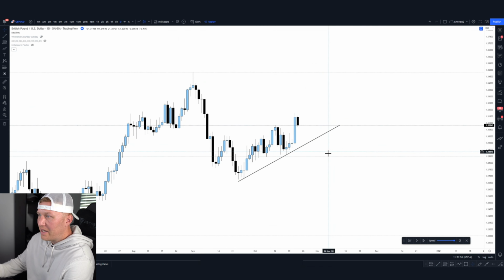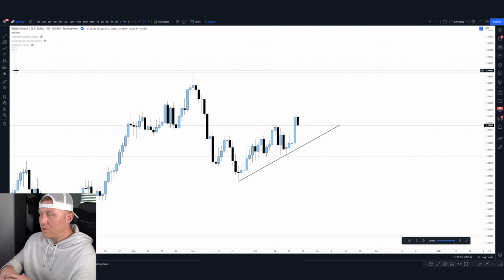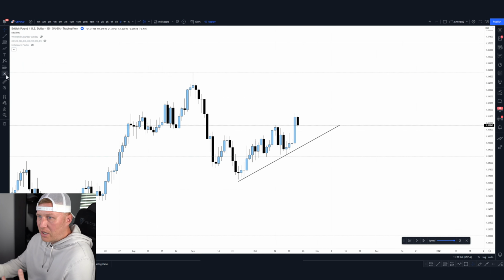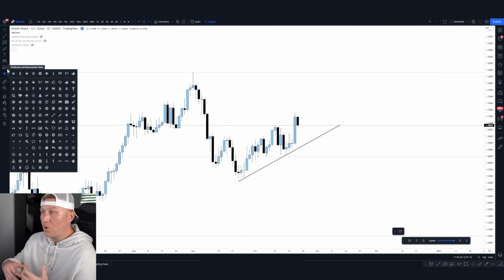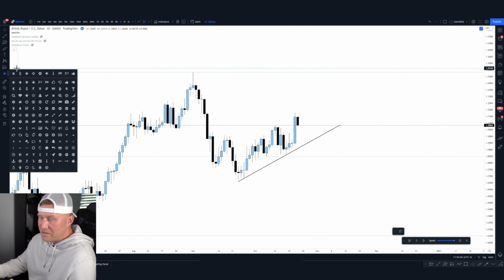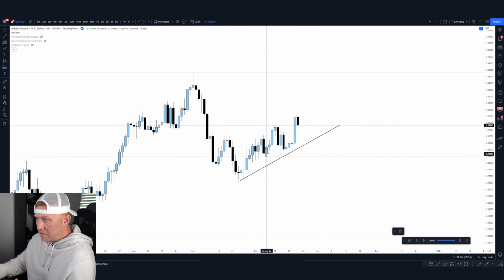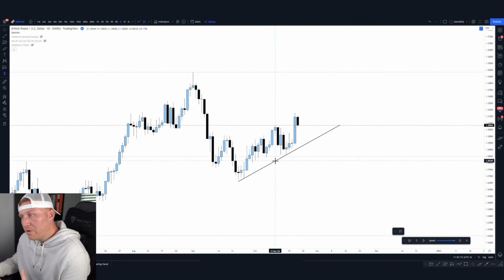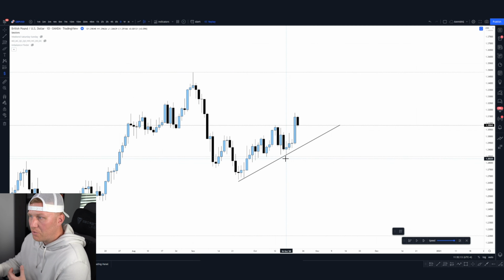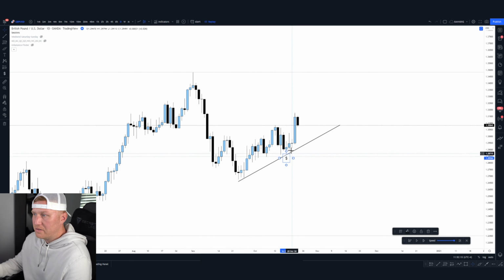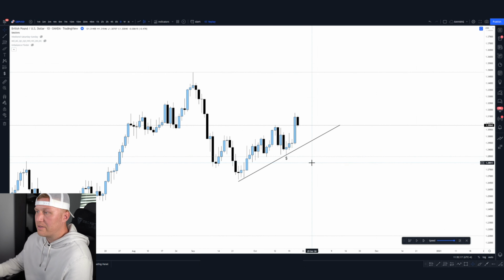You always have to recognize that there are so many people doing the exact same thing, and there are clusters of stop losses and orders, sell stops and buy limits. All of these different things are just accumulating under these highs and these lows.